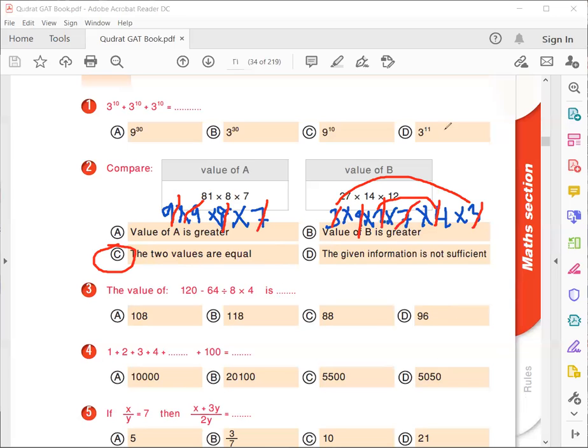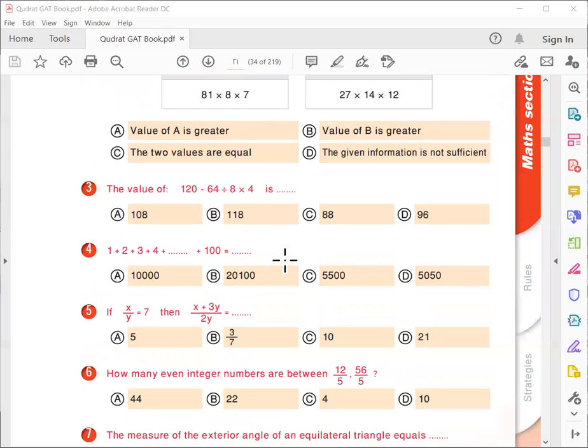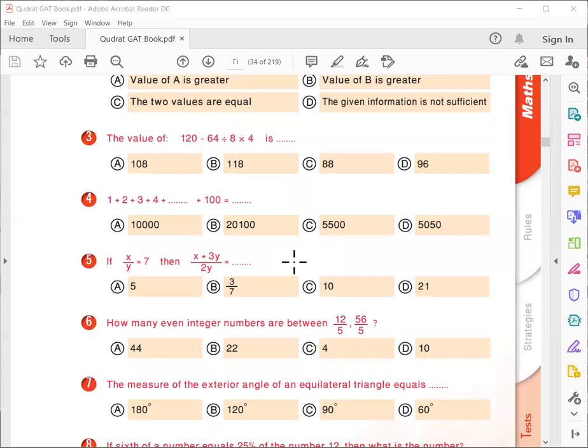Right, good. Now problem number 3. The value of 120 minus 64 divided by 8 times 4. Now how do you do these operations? You must arrange the operations. You start with what?